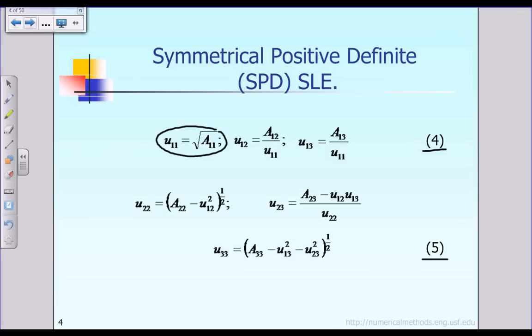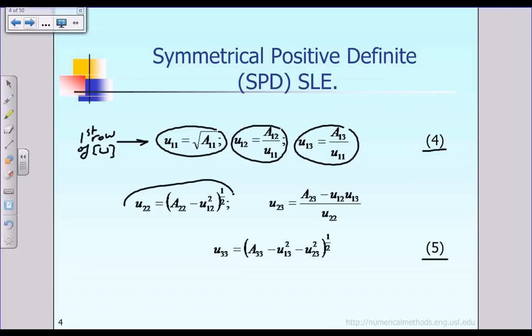The second equation helps us solve for U12. The third equation helps us solve U13. So basically, these 3 equations help us find the first row of the factorized matrix U. Similarly, the fourth equation gives U22, and the next equation gives U23, which takes care of the second row of the matrix U.